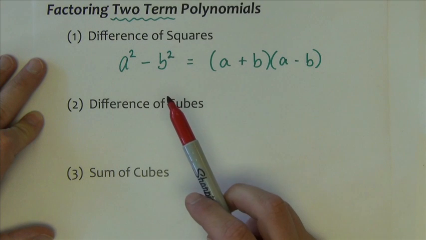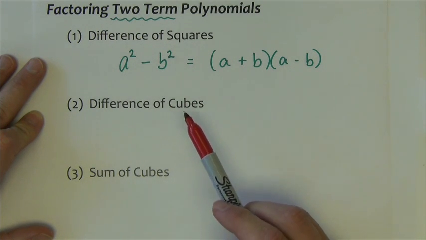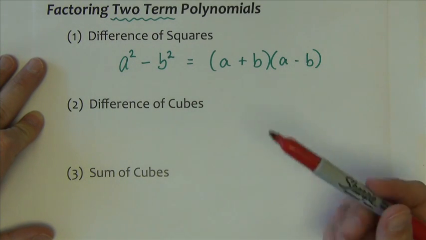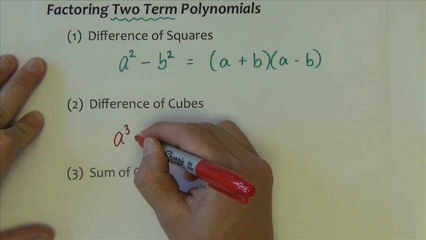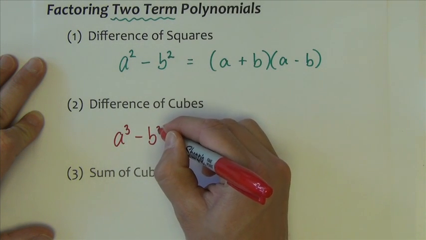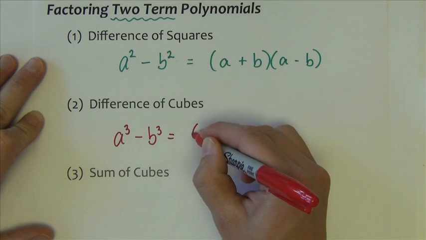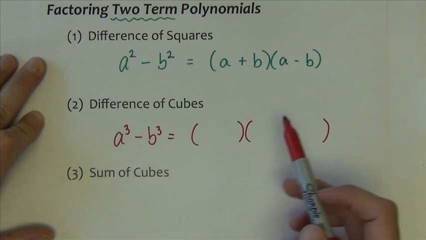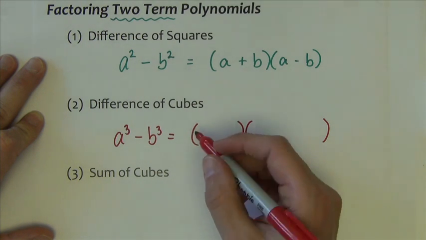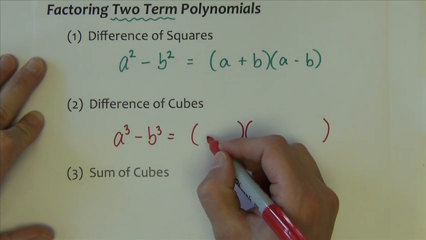Next, let's stick with 2 terms, but let's look at how to do it if they're cubes. Okay? Difference of 2 cubes. a cubed minus b cubed. Okay. Factors this way. The first factor is a binomial.